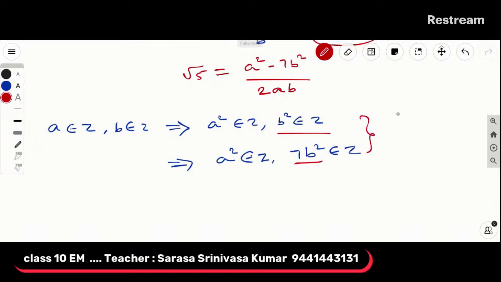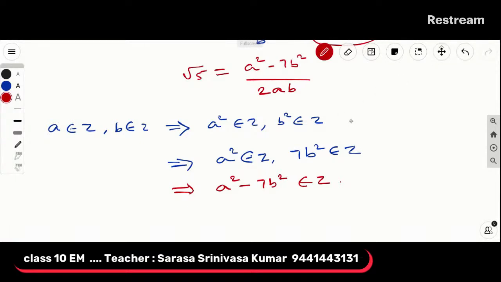So this is our mathematical argument. That is, the product of two integers is again an integer. This is the property we have used. This implies a square minus 7b square is an integer. This is why: because the difference of two integers is again an integer.